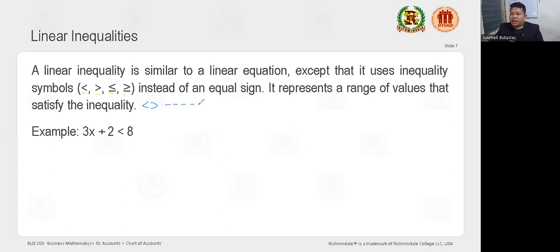For less than or equal to, or greater than or equal to, the line applied in the graph when you plot the points must be a solid line, a straight solid line. That is for less than or equal to, greater than or equal to.